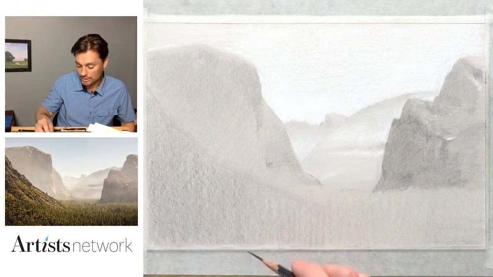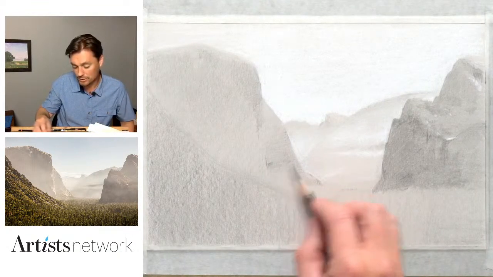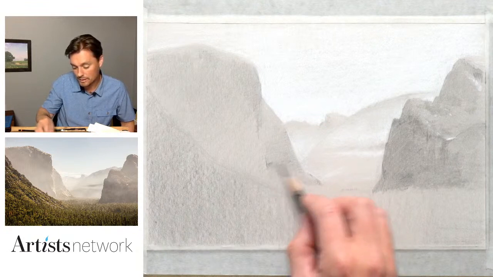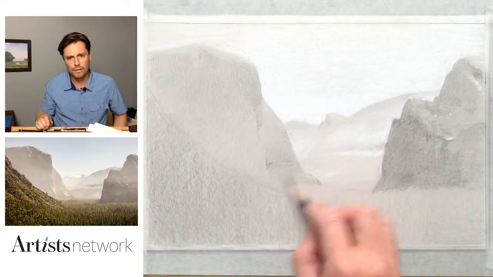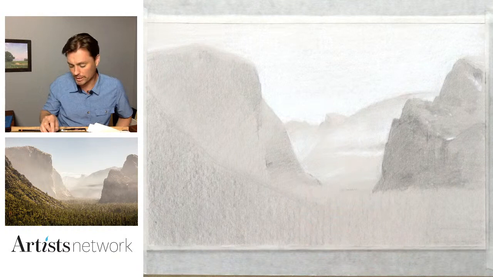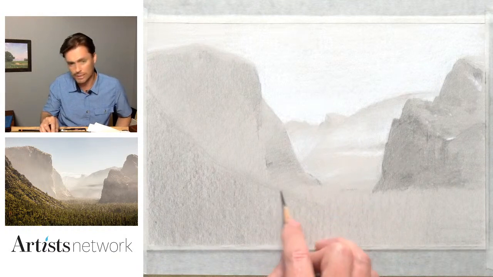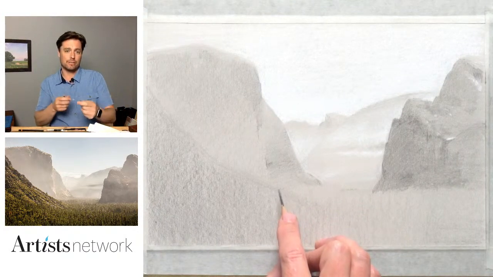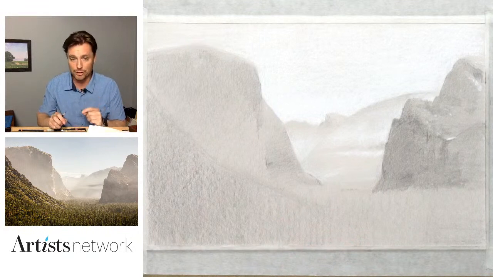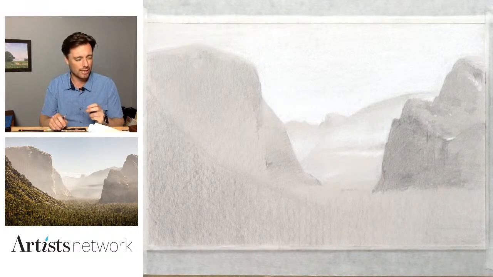All right, so as I come down in here, this is all really kind of tricky, and I need to determine how much detail I want to have. What I'm looking at are the alternating patterns of light and dark in this area, and it's hard to lock in on it.